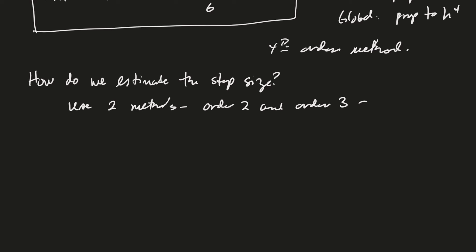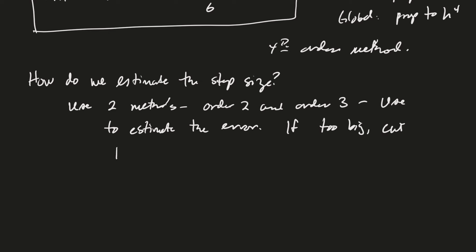Okay, and use that to estimate the error. Okay, and so we'll have some kind of lower tolerance for our estimate, and if the error is too big, I'm leaving this open here on purpose. If the error is too big, cut the step size by some fraction.